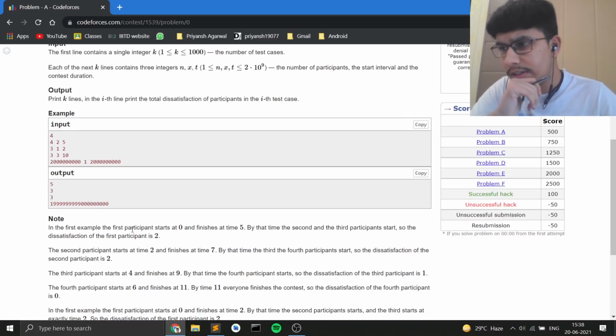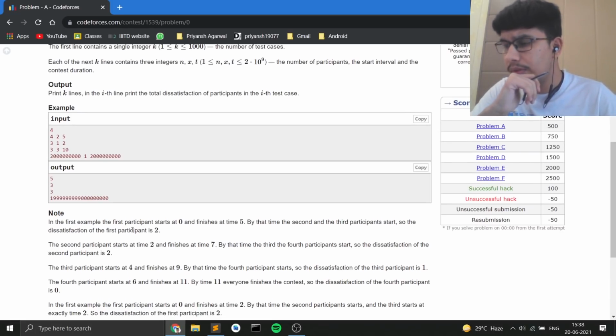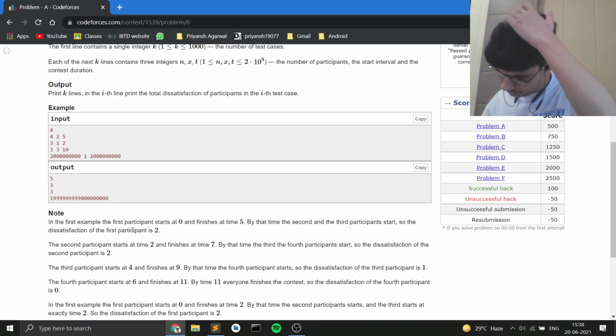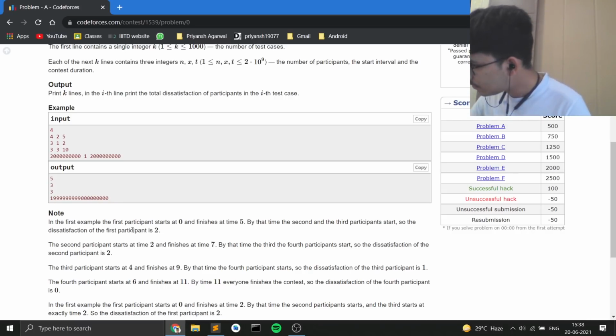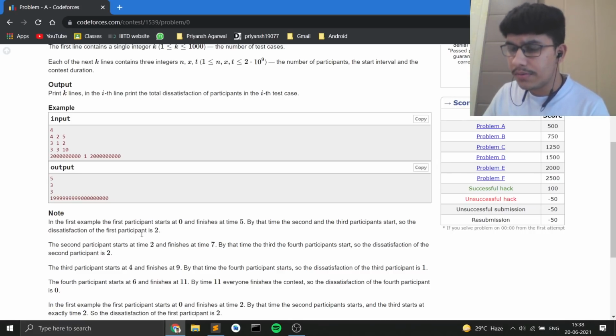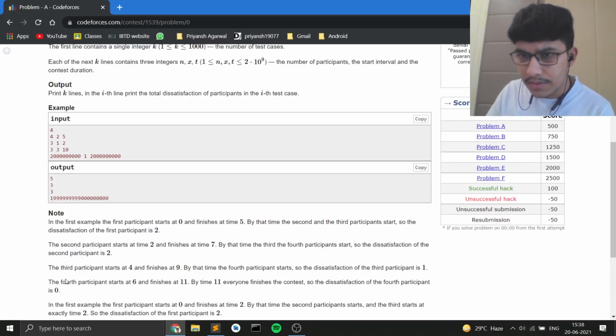By that time, the third and the fourth participant start. Starts at 4 and finishes at time 9. So for each of them, it is coming out to be the same, right? The fourth participant starts at 6 and finishes at 11.